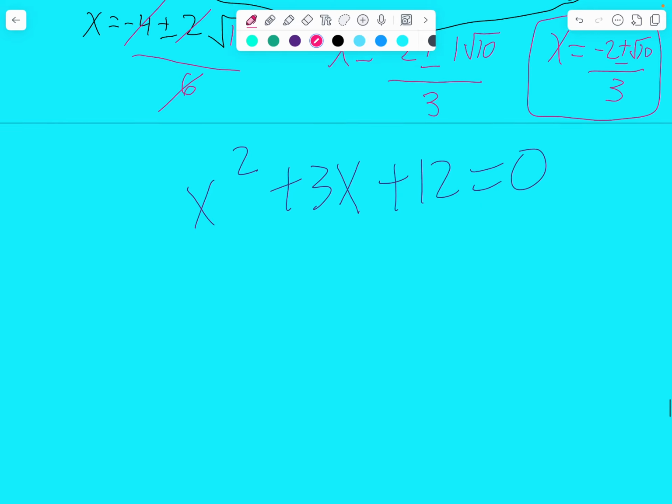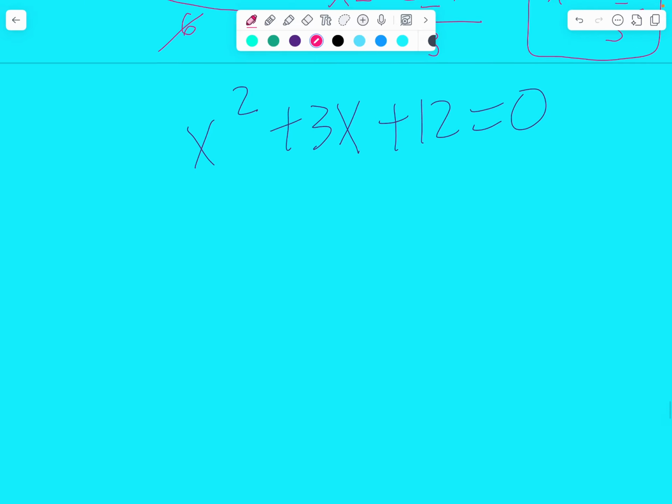Okay, let's move on to this one, okay? What's our A? The one with the x squared. What's our B? The one with the x. What's the C? The one without any variable letter with it, okay, is equal to 0. I'm going to say x is equal to negative 3, which is negative b, plus or minus the square root of b squared, so 9.